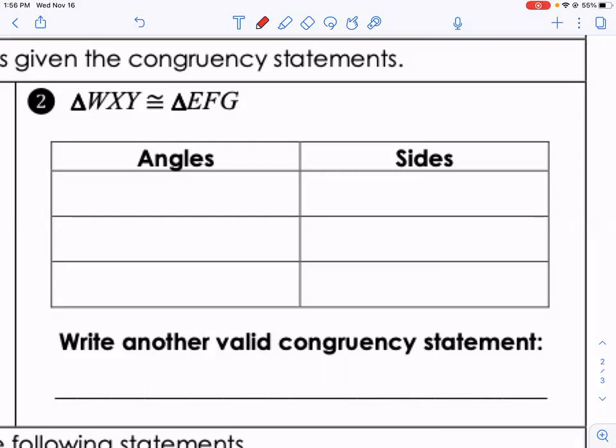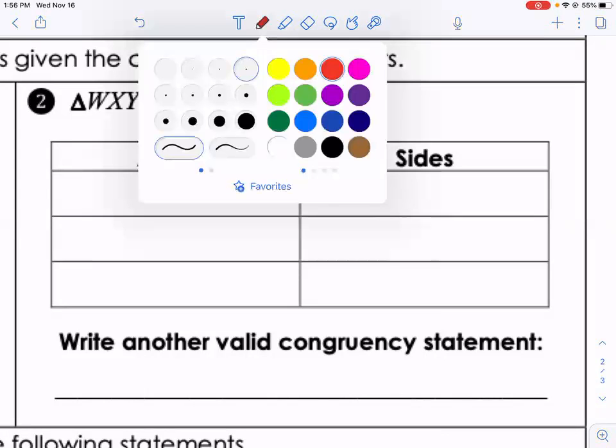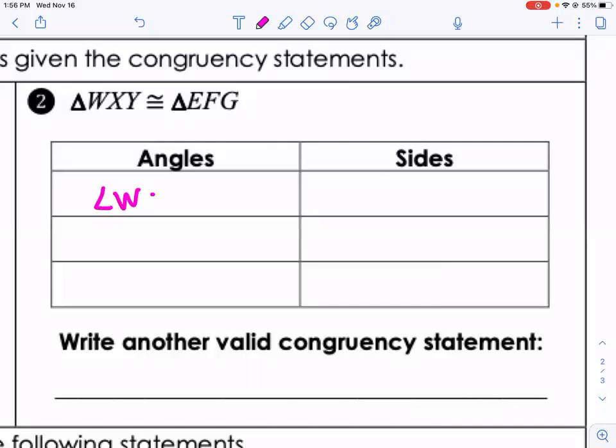Give me an angle congruent statement. Harper, give me another one. Angle K is congruent to angle Q. That's really cool, but we're on number 2. Angle X is congruent to angle S. Drew, give me another one.